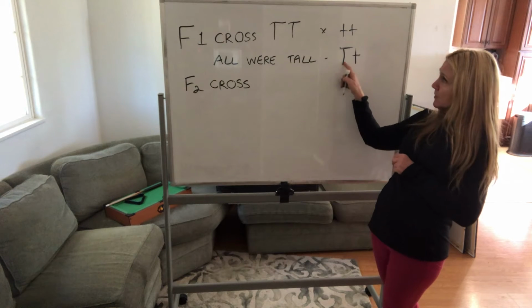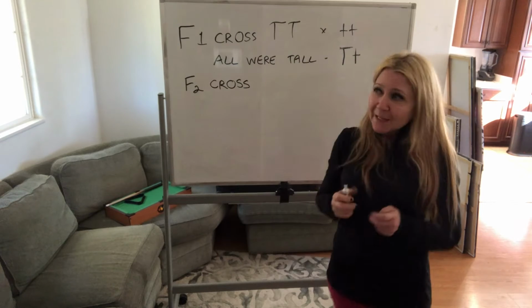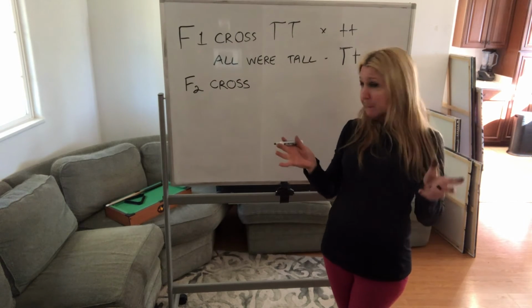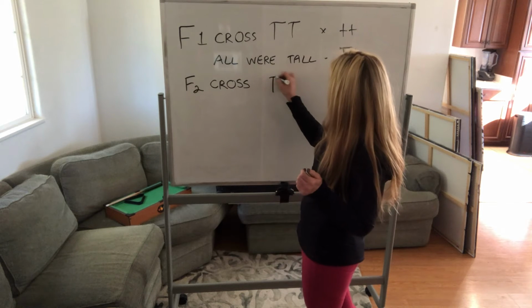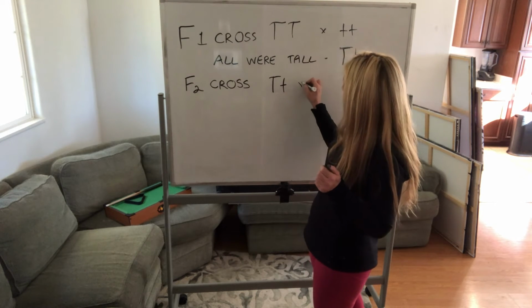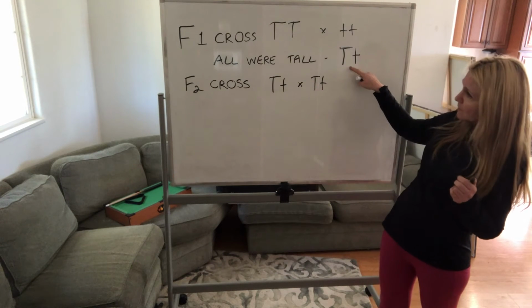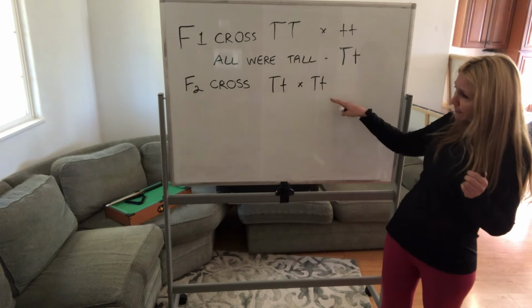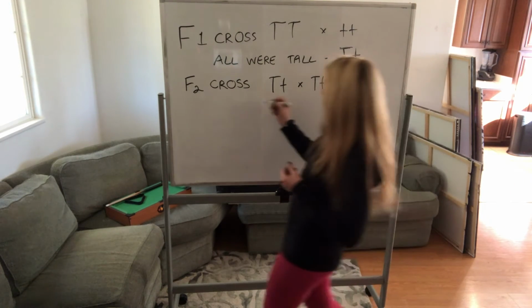Now, Mendel then took these offspring and crossed them in what's called F2 cross. And something interesting happened. So from this cross, he crossed these times itself. He found out 3 out of 4 of them were tall.